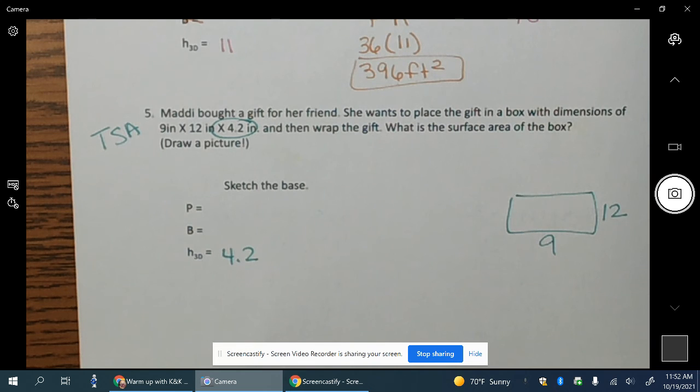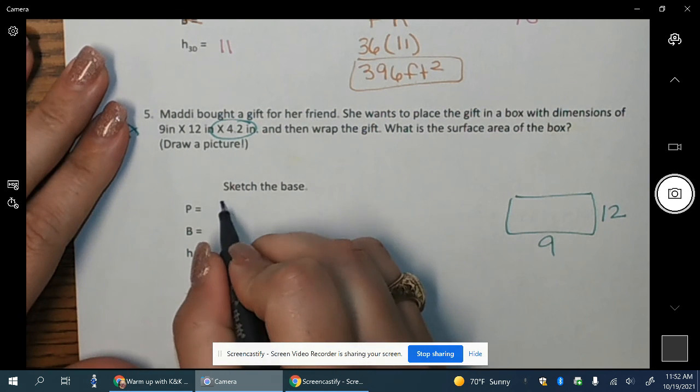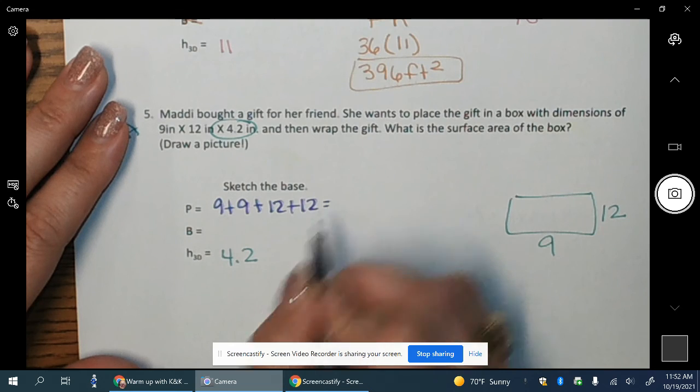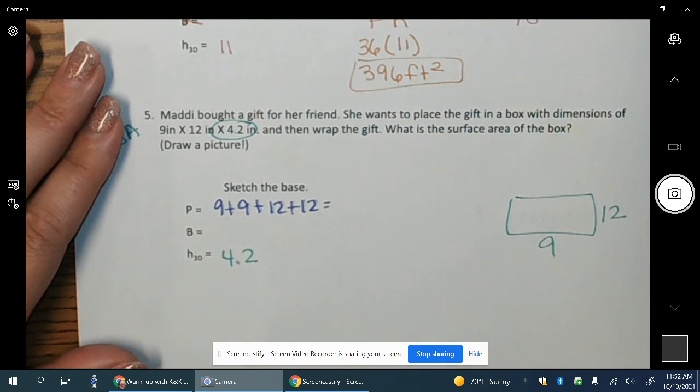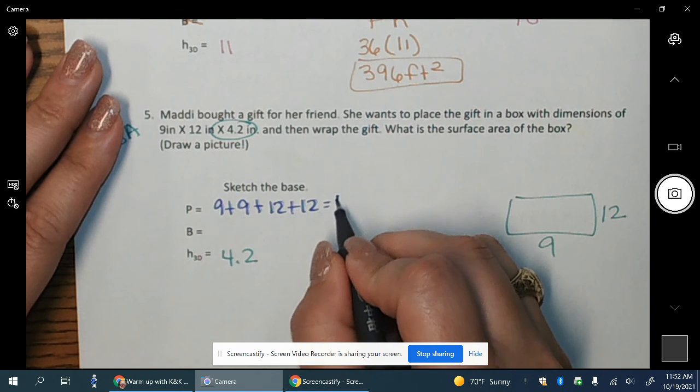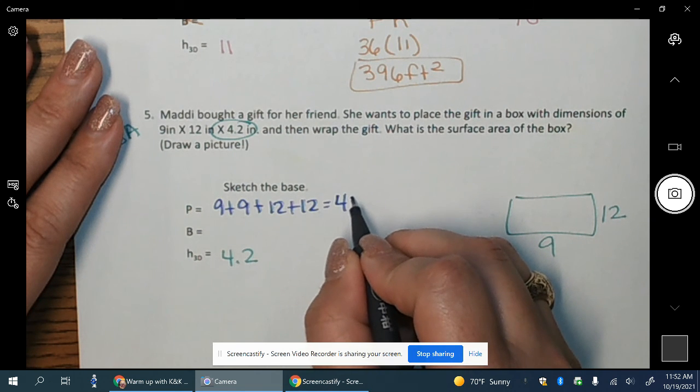For perimeter, what numbers do I add together? Good. 9 plus 9 plus 12 plus 12. So what is the perimeter? 42. Good.